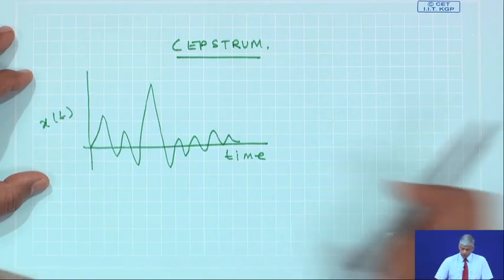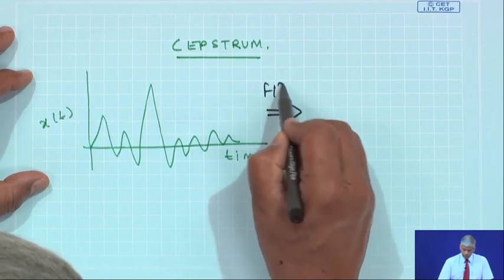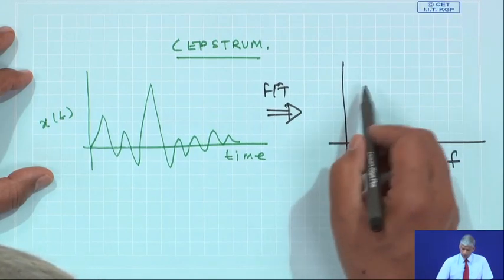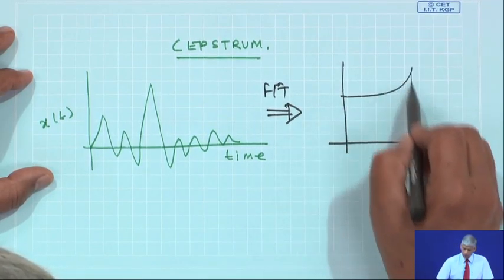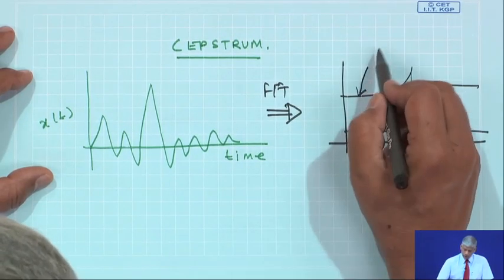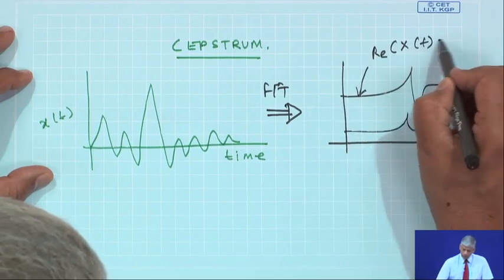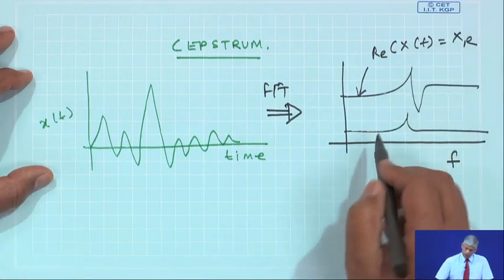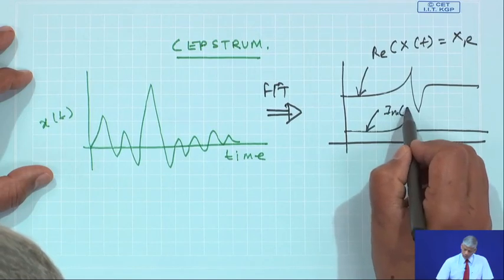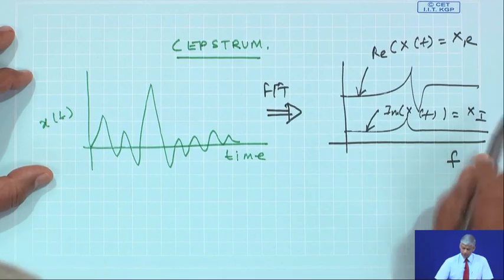If I convert it through FFT, I will get a signal in frequency, maybe a real part of x f, which I will denote as x real, and the imaginary part of x f, which I will denote as x imaginary.